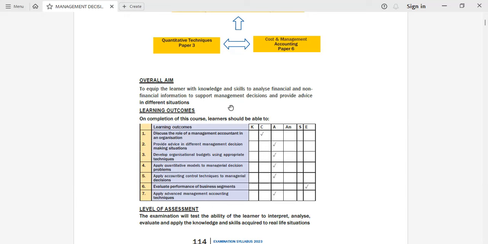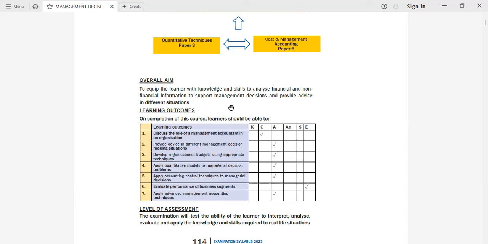If you are a business, you are supposed to do performance evaluation for every segment or every department within the organization, to see that at the end of the day, the people we assign to these roles are doing what we expect, or are helping us to achieve our vision and mission. That's why we do performance evaluation as a business, because it is key.